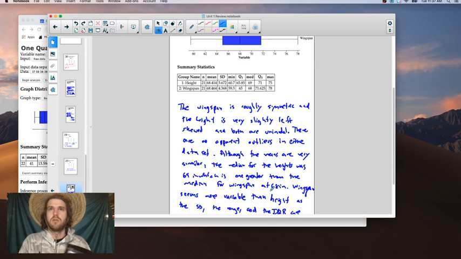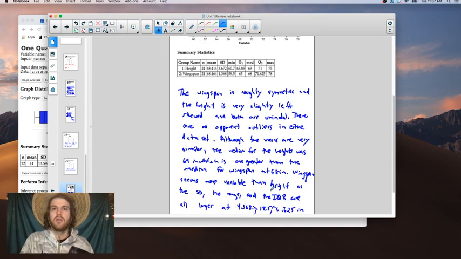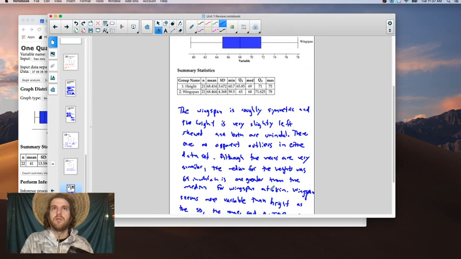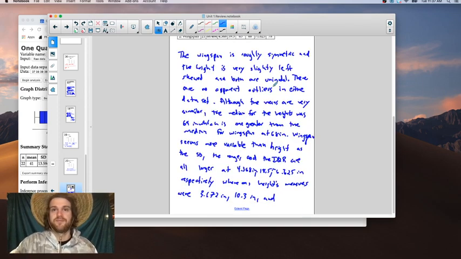Range, standard deviation. What's the order? Standard deviation, the range for wings, or the range for height is not, that's not correct. It's 75 minus 60.7, 14.3. That should be 14.3.